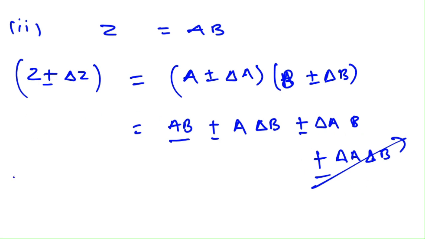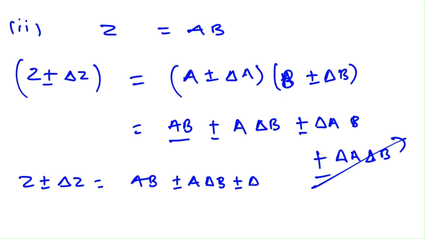So we have plus minus delta Z equals AB plus minus A delta B plus minus delta A into B.